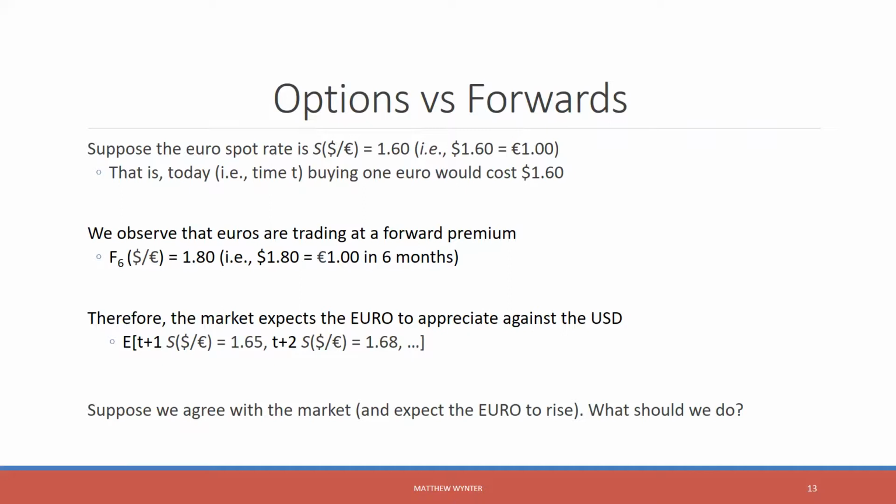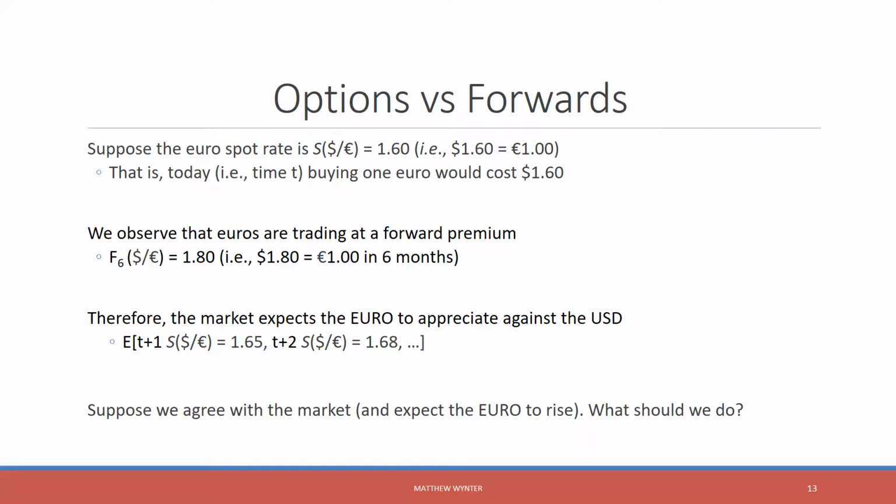If we have a forward for 6 months from now, €1 is going to cost me $1.80. So the market's expecting the euro to appreciate. We don't know when, but we can see that the market is expecting the euro to appreciate.